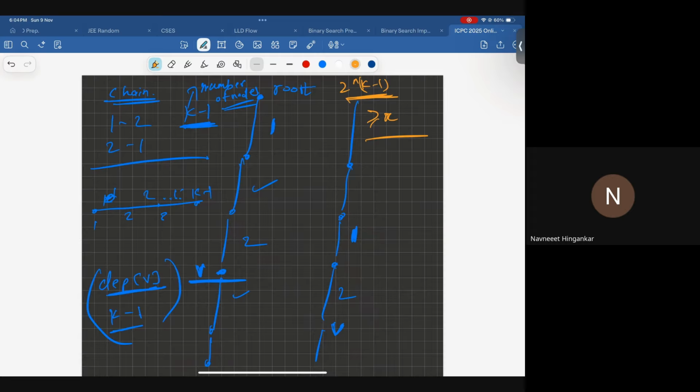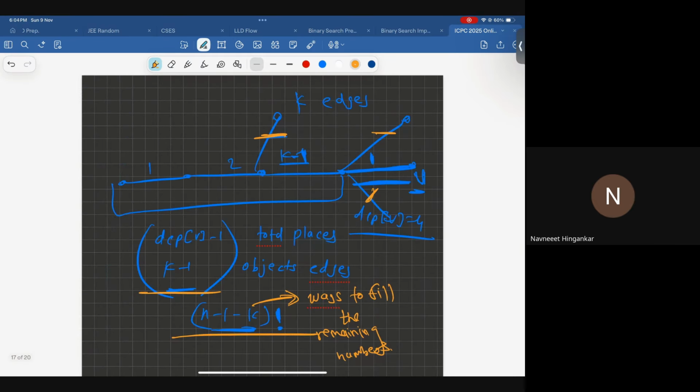So fact 1, 2, and 3 is 2 raised to the power k minus 1. Now you need to multiply all this together, because either I could choose a chain ending at this thing, and how many remaining numbers we are placing. This is another combination, and how we are internally reorganizing that chain depends on this 2 raised to the power k minus 1.